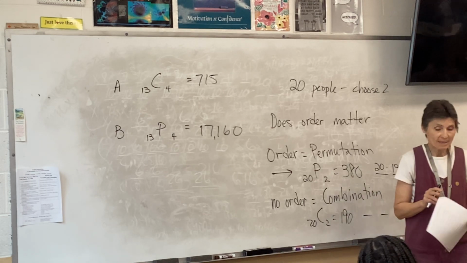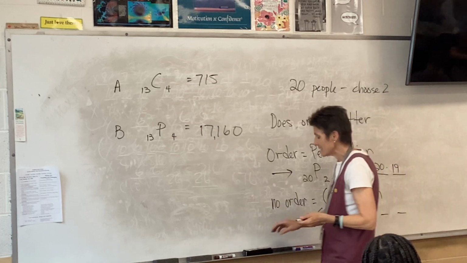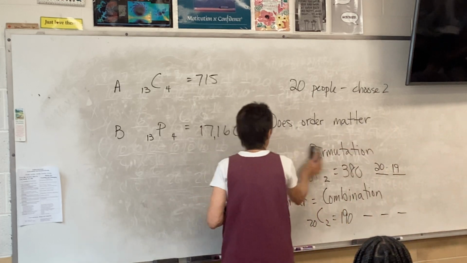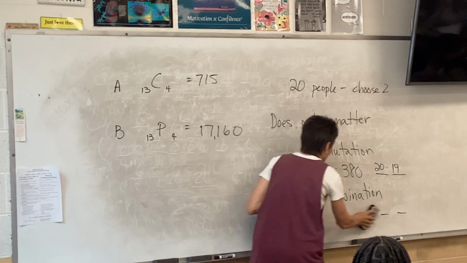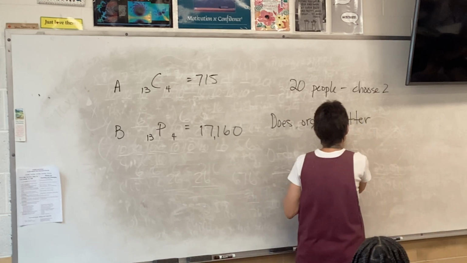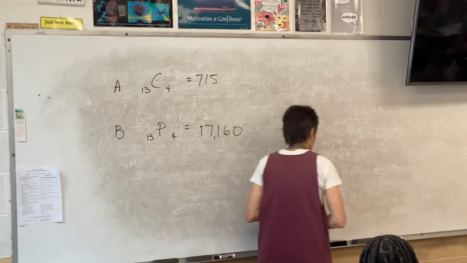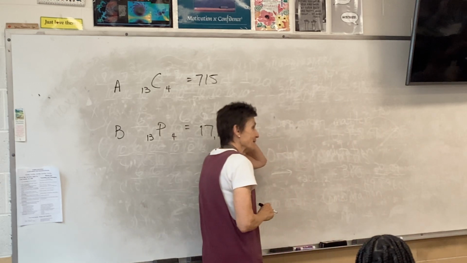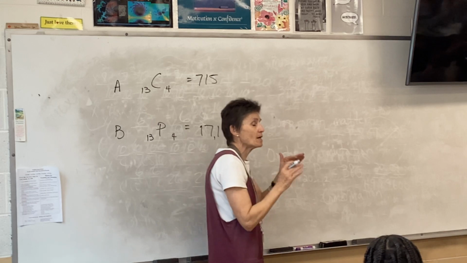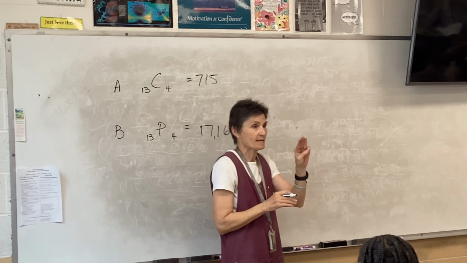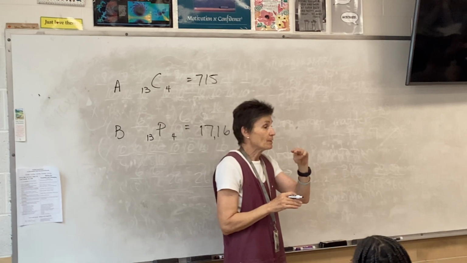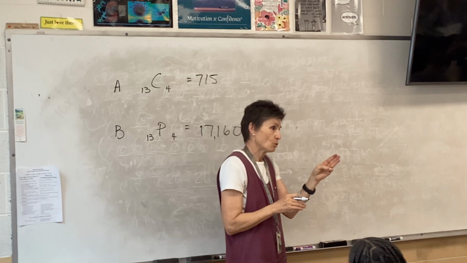Here's what I want you to think about, and I'm not going to do it with 8, because 8 is too big of a number for me to draw a picture of. But I'd like you to think about having maybe just 3 things to arrange. We know that if we are arranging 3 things in a row, it's 3 factorial.